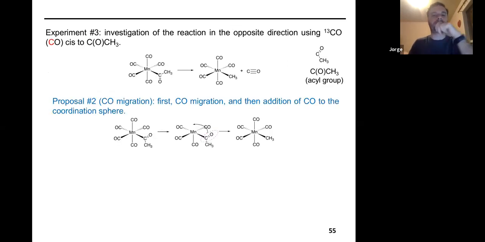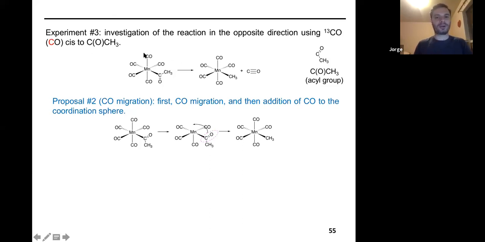Okay, so let's do a third experiment, and hopefully this one will be able to differentiate both proposals, and then we can decide which one is the correct one. So now what we are going to do is to investigate again the reaction in the opposite direction using labeled carbon monoxide cis to the COCH3 group.